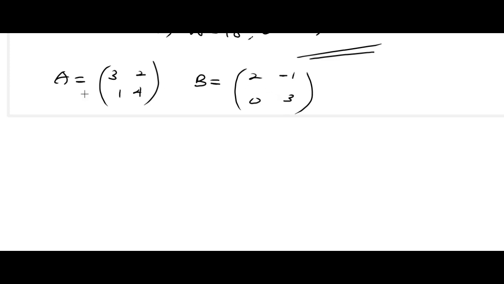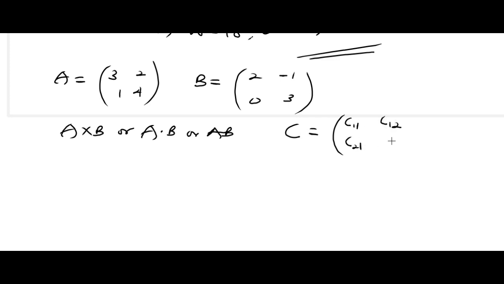If you are multiplying A and B, it can be written as A times B, or A dot B, or AB. So the product of these two matrices will be a matrix C, where the elements of C are C11, C12, C21, C22.